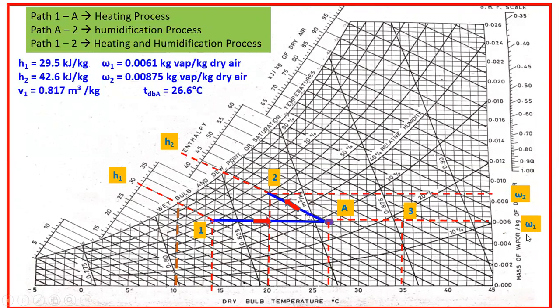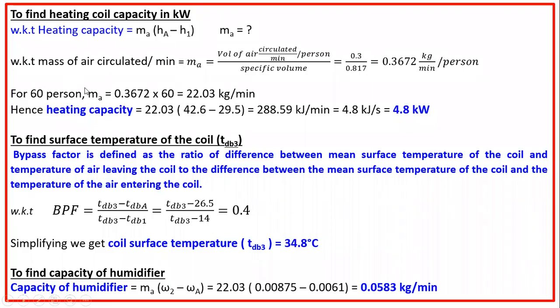The moisture level should remain constant. So 1 to A is sensible heating and A to 2 is humidification. So finally 1 to 2 is our requirement. So now we know that first thing is to find the heating coil capacity.